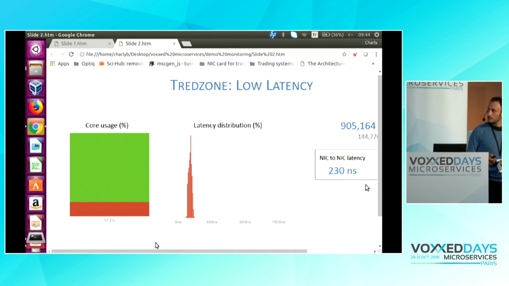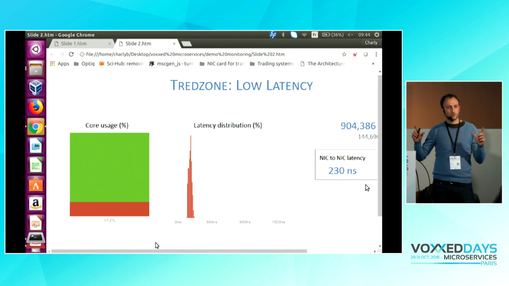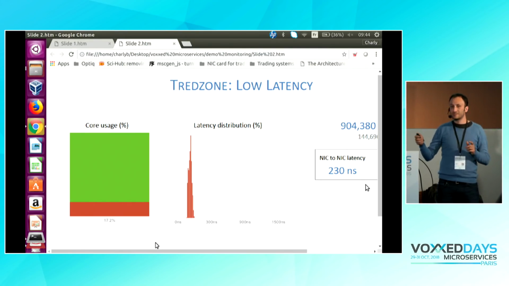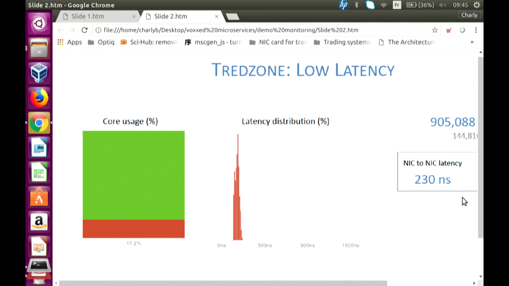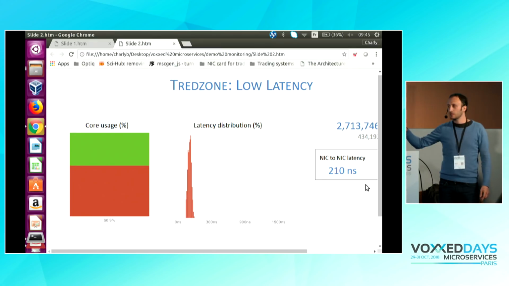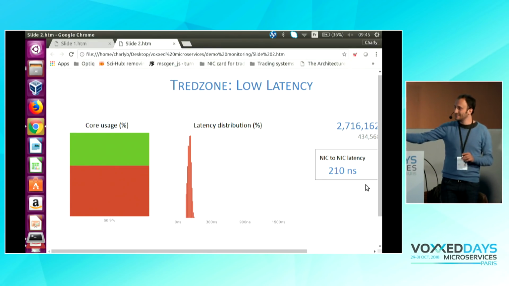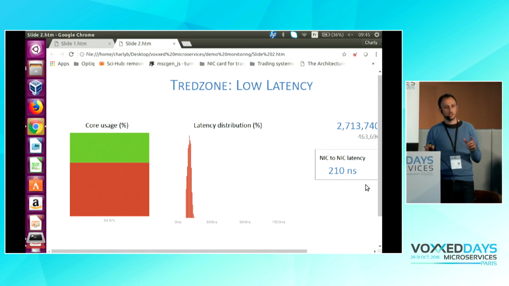Okay. And this time, we put exactly the same actors or services on the same core. And on the same core, of course, we cannot reach the same throughput. However, now this is a latency. And still, we can monitor it in real time. So you see exactly the difference between communication between cores and no communication between cores.